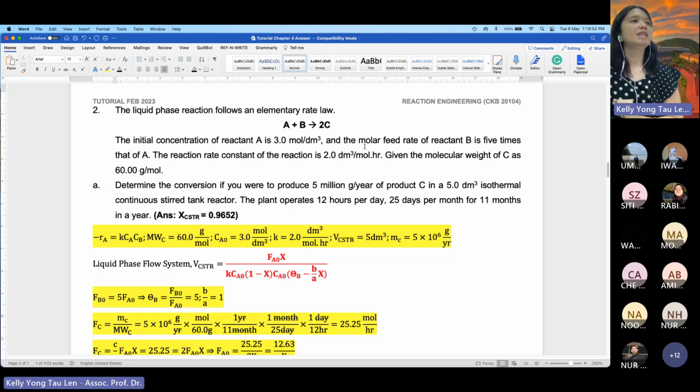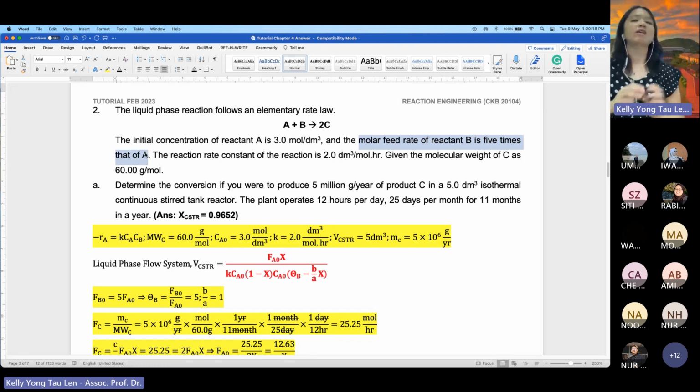And dia kata the molar feed rate of reactant B is 5 times that of A. So kamu tahu kan molar feed rate tu molar flow rate lah kan. Okay, and molar feed rate means initial molar flow rate. Dia kata initial molar flow rate of B, FB naught adalah 5 kali ganda molar flow rate A, FA naught.